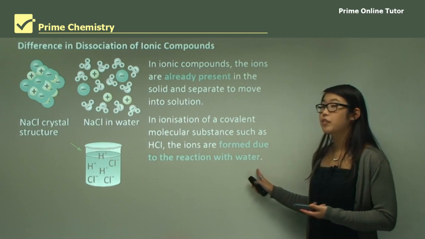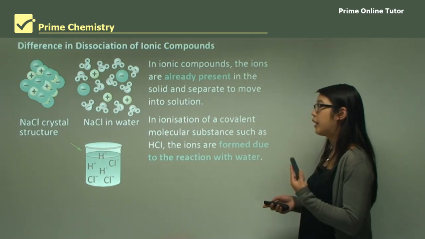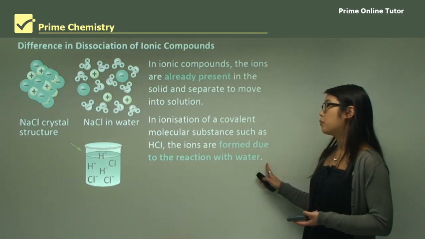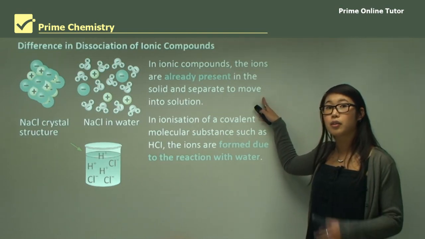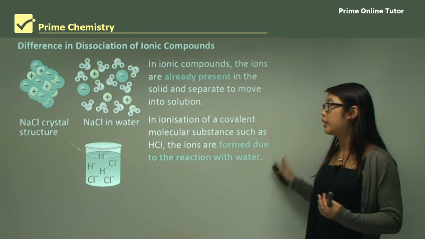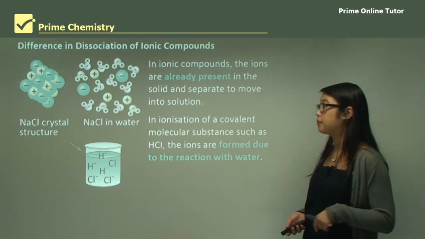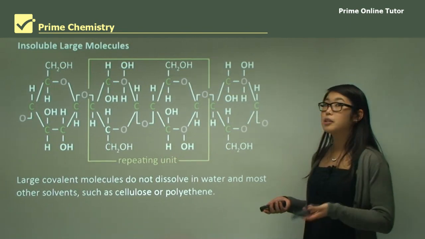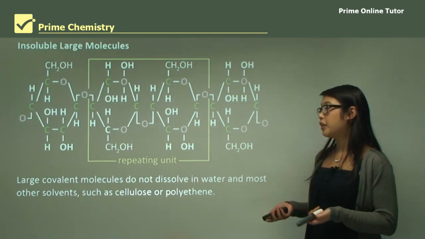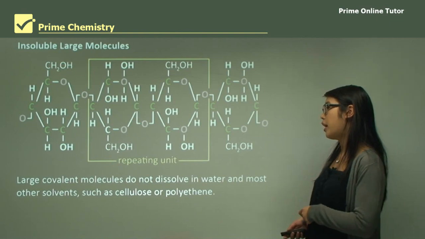In ionization of covalent molecular substances such as HCl, the ions are formed in the reaction with the water. So in ionic compounds, the water is not involved in forming the ions, but it is in the ionization procedure for HCl.